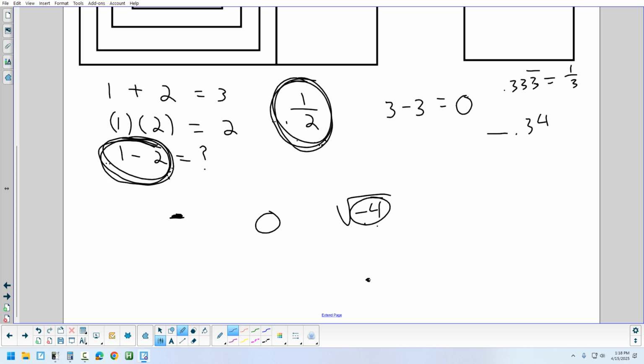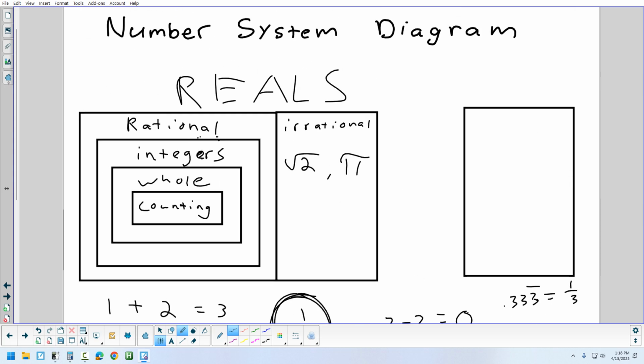We use a dot. Well, that symbol was invented to be able to solve a problem like that. The difference is this kind of problem doesn't come up in everyday life as much as this kind of problem. Fractions come up all the time, but square roots of negatives, not as much. So those are called imaginary.